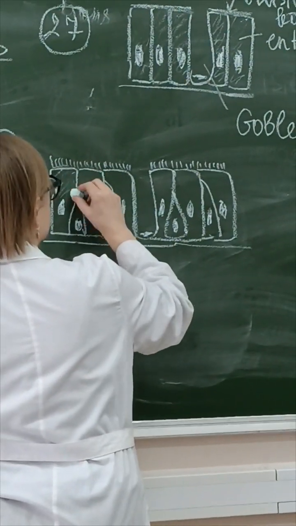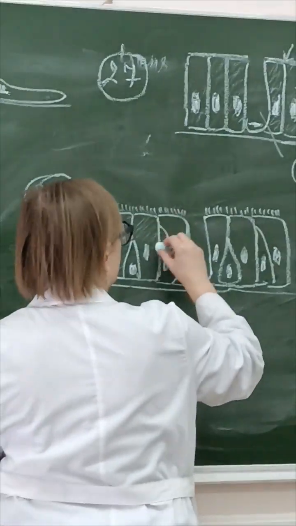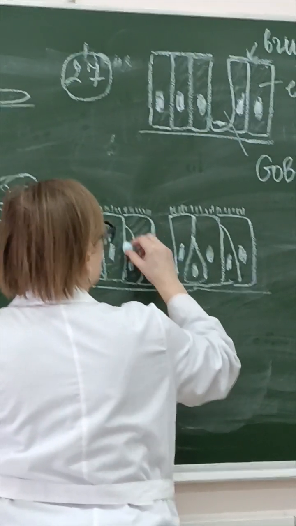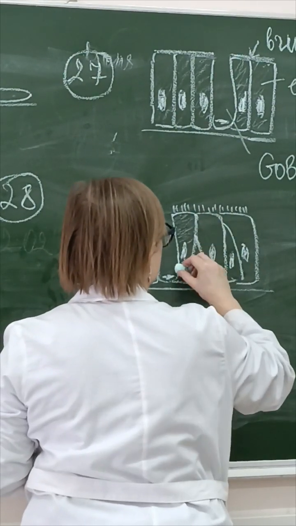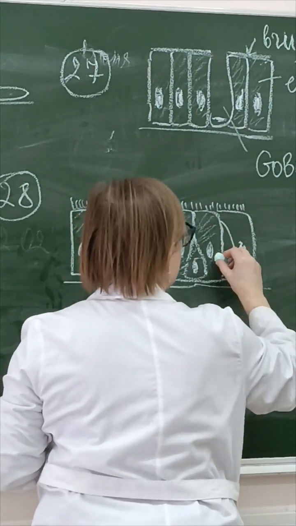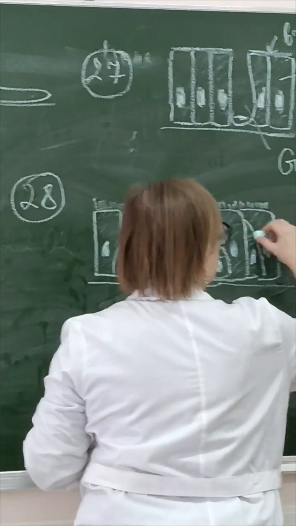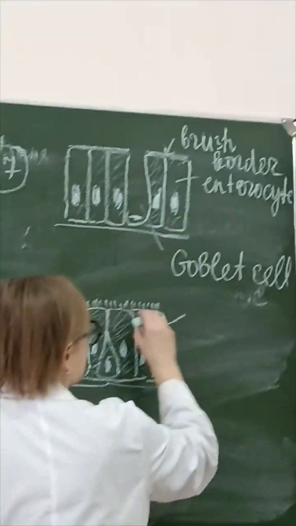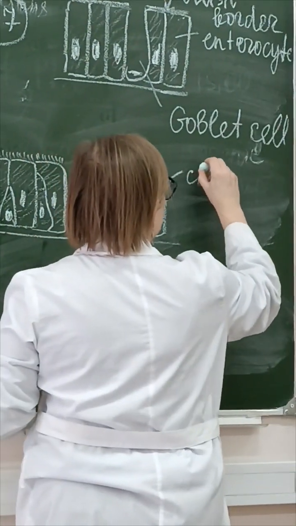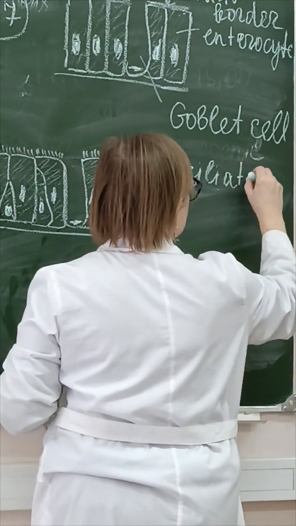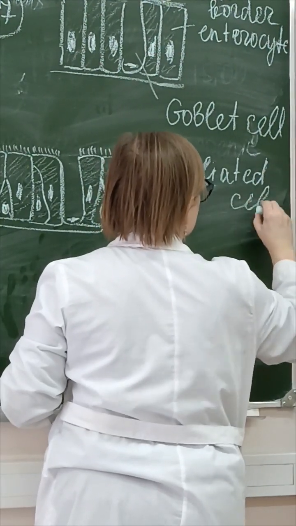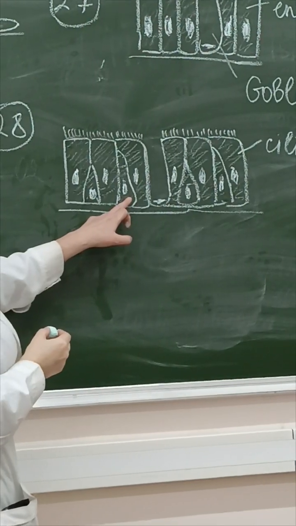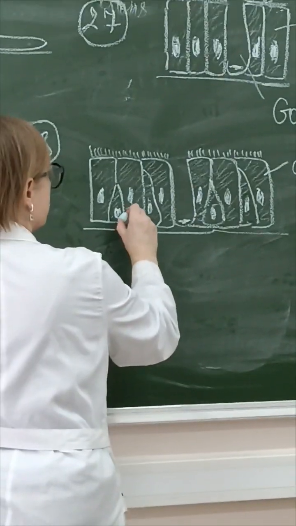So this cytoplasm should be likely basophilic. And where is the goblet cell? Unstained at all. And because these cells are different, let's name this cell, the high enough one, the ciliated cell. This and this are intercalated cells, we consider them as cambial elements.